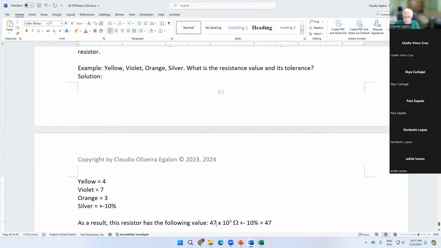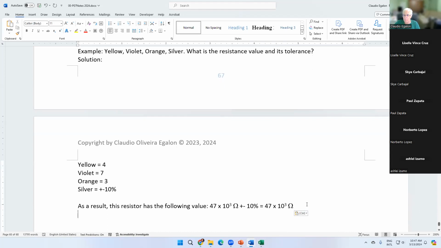47,000, don't forget, only 2 significant figures here. In this case, you have to write in terms of scientific notation, plus and minus 470, and don't forget to write that in terms of significant figures.